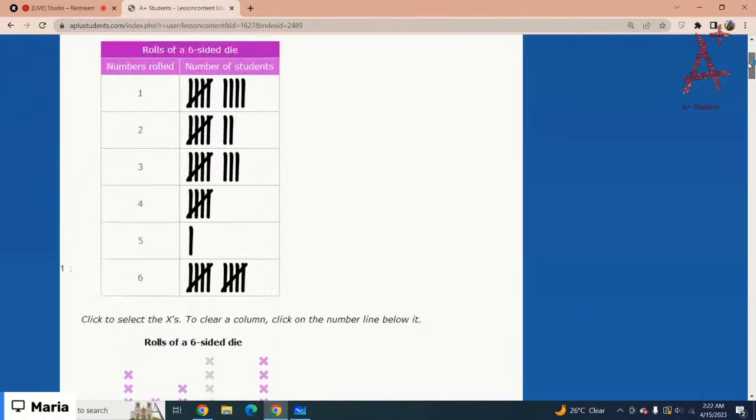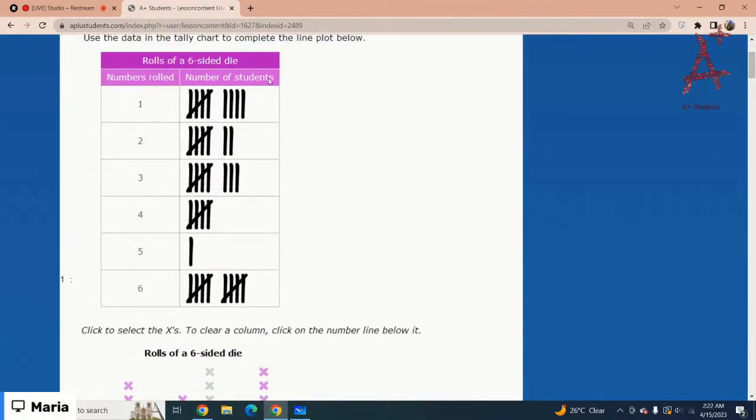You have to look there, the number rolled, that would be the frequency. For one, you have to calculate the frequency: a complete group of four lines and one line across, it makes five. So just add 5 plus 4 is 9. So the frequency for 1 is 9, for 2 it is 7, for 3 it is 8, for 4 it is 5, for 5 it is 1, and for 6 it is 10.